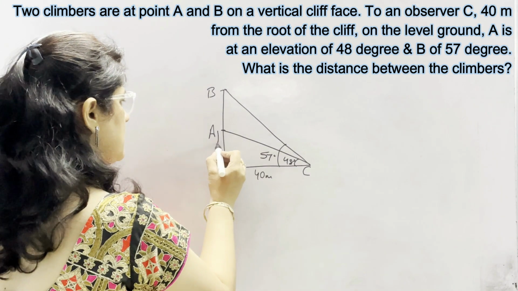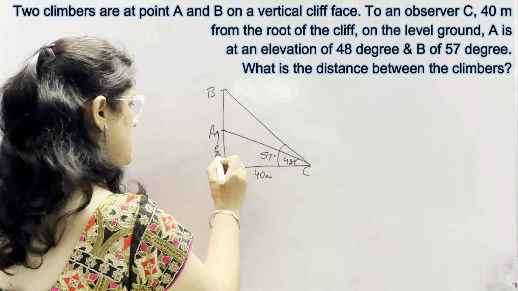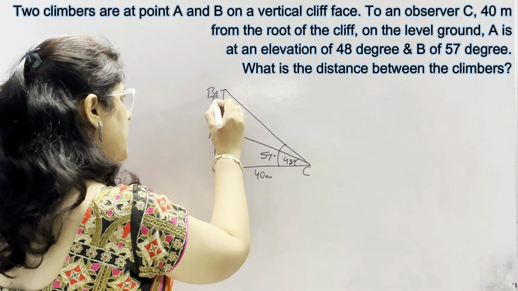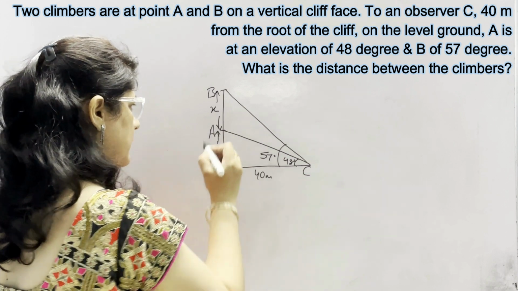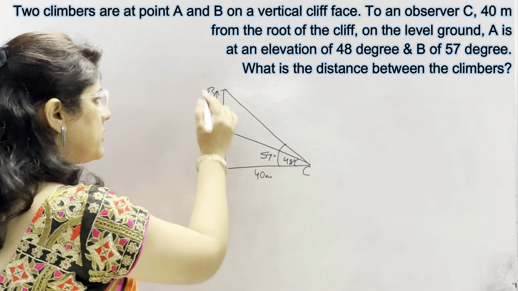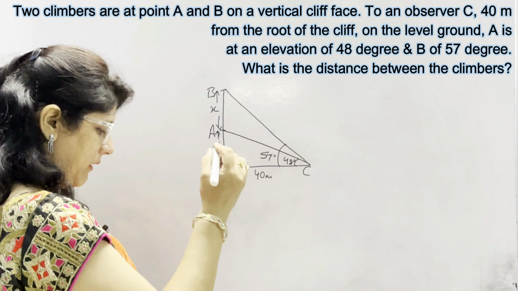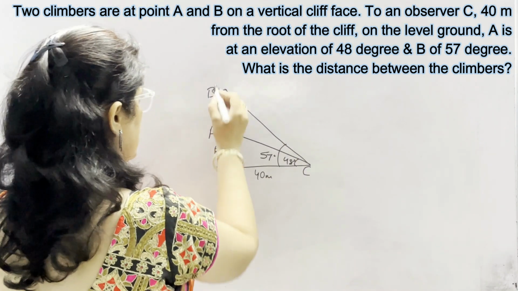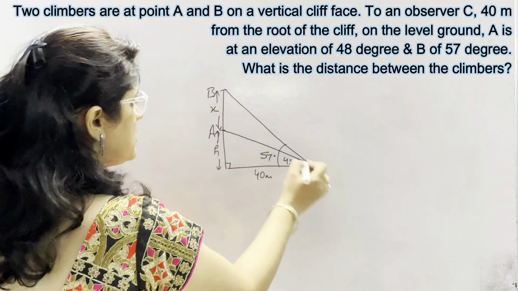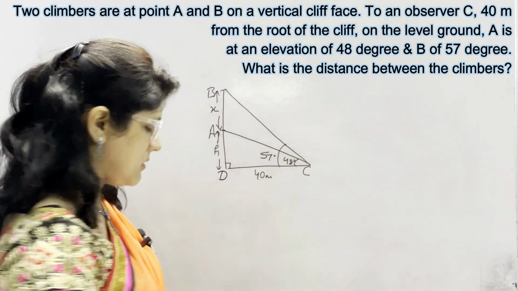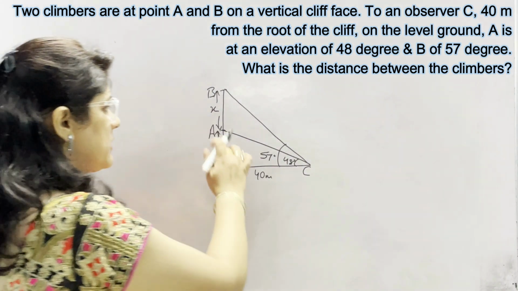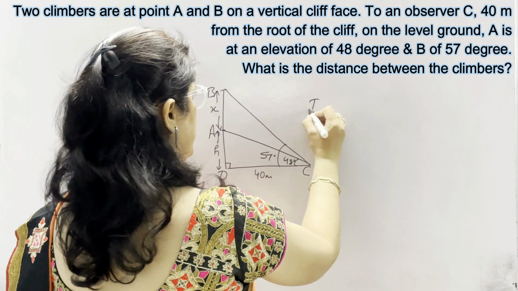Distance between the climbers, suppose this height is h and the distance between these climbers is x. And overall we know that this is the perpendicular of this right angle triangle. So first we need to give the values A, B, C they have given, we can assume this as D. Now first we take smaller triangle.